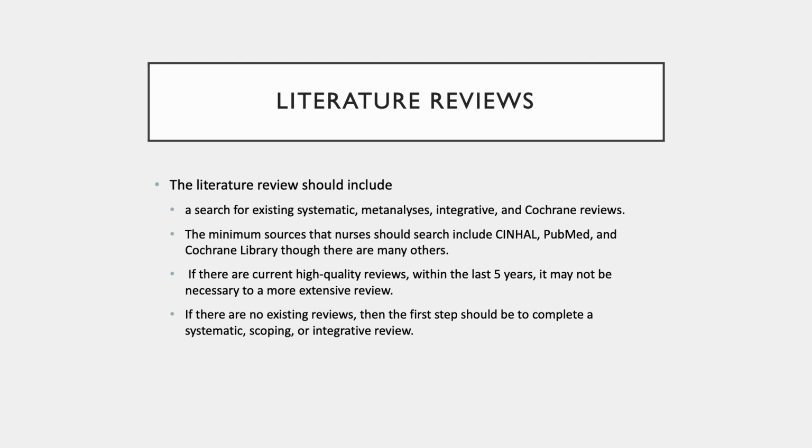You want to know in your literature reviews if there are any current high-quality reviews within the last 5 years. It may not be necessary to look further if somebody's already done the work for you. And if there are no existing reviews, then the first step should be to complete a systematic, scoping, or integrative review.